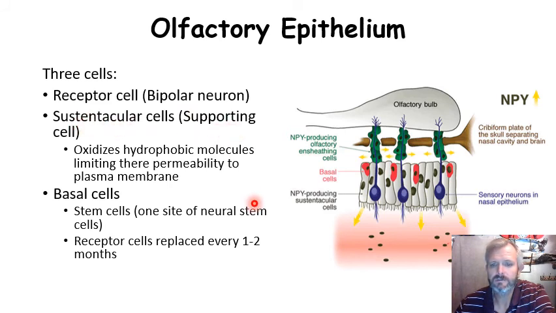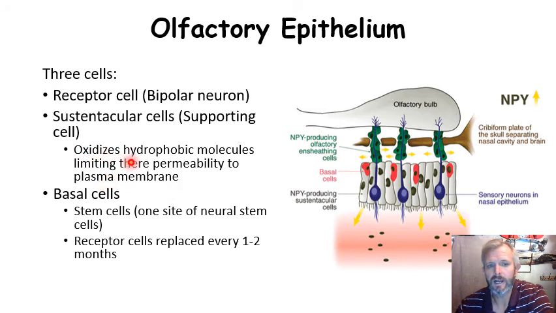The supporting cells, or sustentacular cells, are these here. They're basically here to support. These are neurons, and they need to have that environment so they can operate. That is basically the job of those supporting cells.